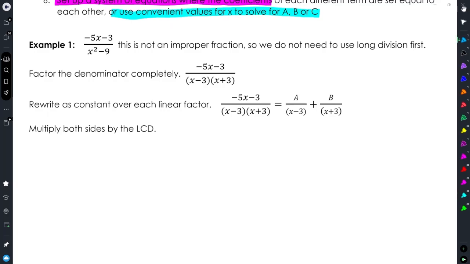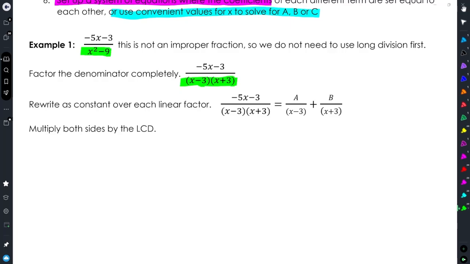So the first example we have here is negative 5x minus 3 over x squared minus 9. It's not an improper fraction, so we don't need to do long division first. I have some of the steps written out here because this is a longer process. First, we're going to factor x squared minus 9 into x minus 3 times x plus 3.